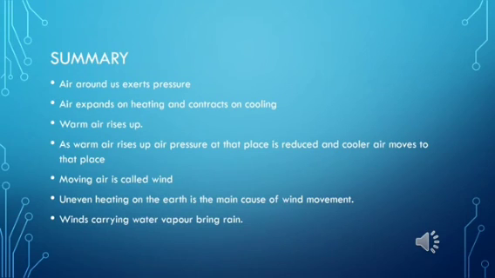Moving air is called wind. Uneven heating on the earth is the main cause of wind movement. Winds carrying water vapor, or a lot of moisture, bring rain, and then the monsoon begins.